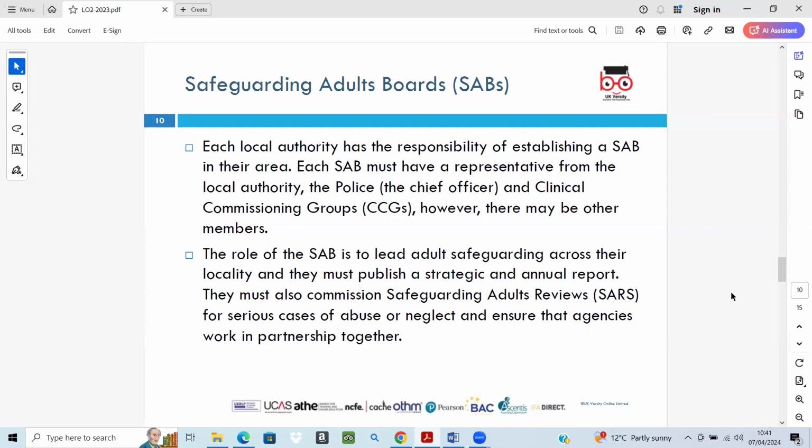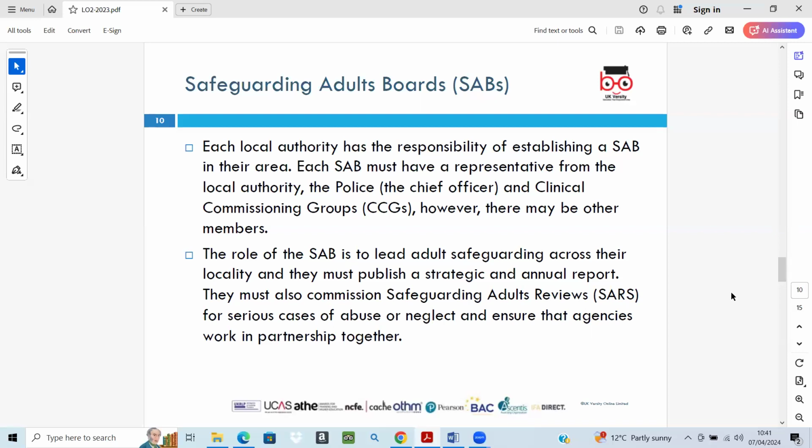So now, what's the role of the safeguarding adult board? The primary role of the safeguarding adult board is to lead and oversee adult safeguarding efforts within their locality.